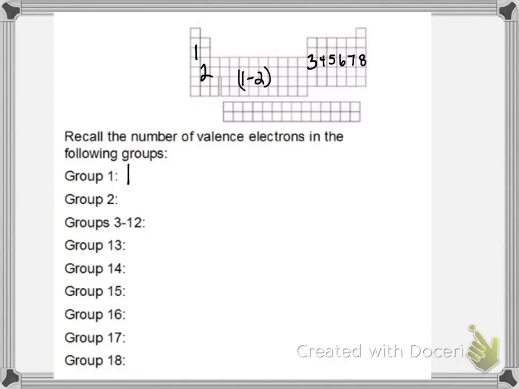We hadn't really talked about that until now, so make sure that you write that down. So group 1, 1, group 2, 2, 3 to 12, 1 to 2, 13, 3, 14, 4, 15, 5, 16, 6, 17, 7, and 18 has 8.